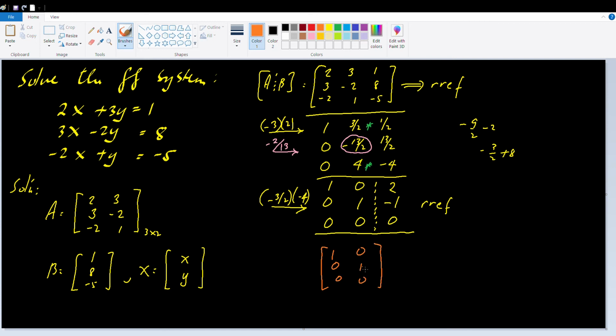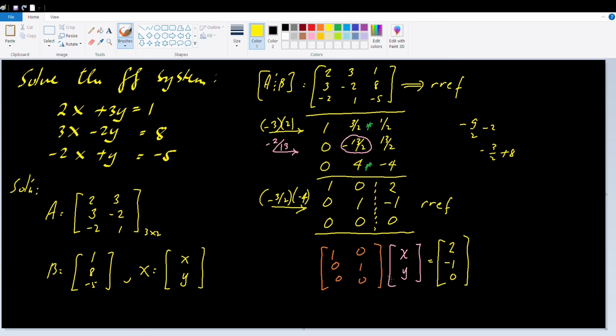That's supposed to be the matrix row equivalent to A. Alright? And then, the unknowns. What are the unknowns? The unknowns are X and Y. And that must equal the last column, 2, -1, and 0.